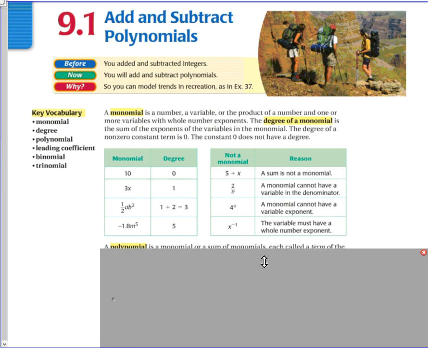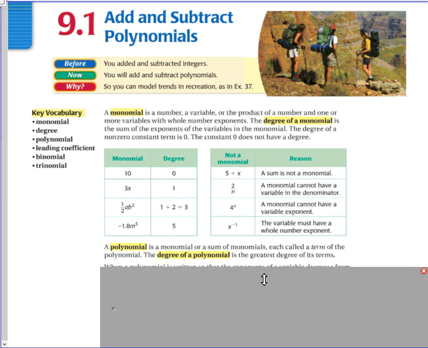All right, now a polynomial is a little bit different. A polynomial is a monomial or a sum of monomials, okay? Each called a term of the polynomial. So for example, this could be like 4x plus 10. That's considered a polynomial because there are two parts to it.